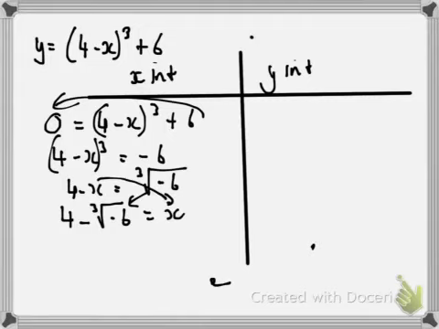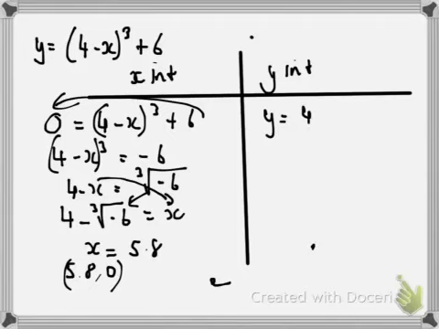So 4 minus cube root of negative 6, x equals 5.8. So the x-intercept is 5.8, 0. Y-intercept, make x equal 0. So y equals 4 cubed plus 6. Y equals 70. So quite a high y-intercept.